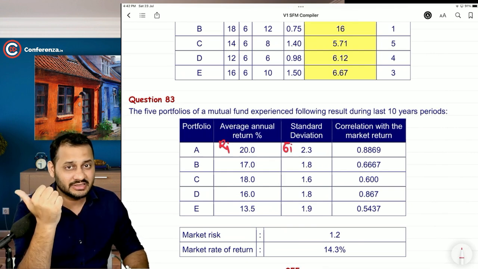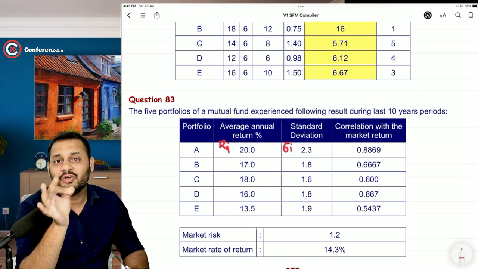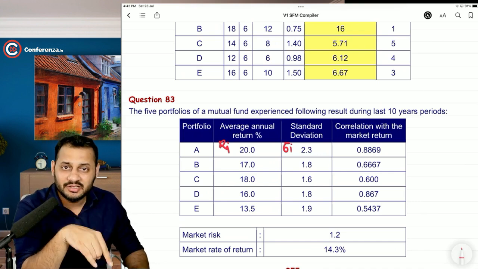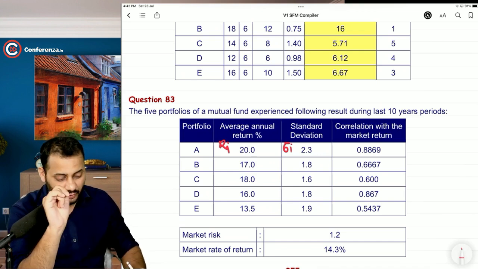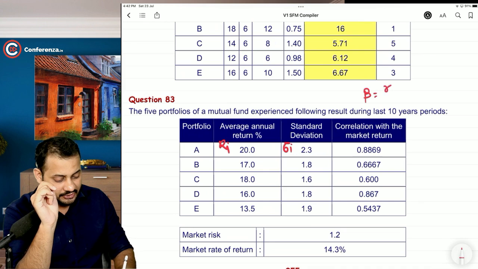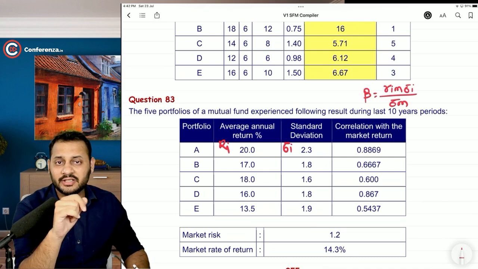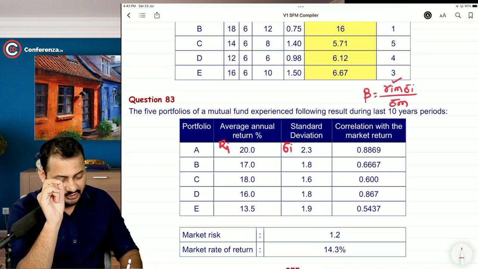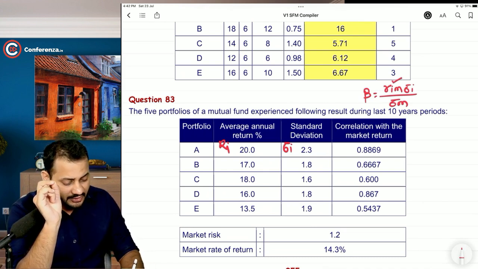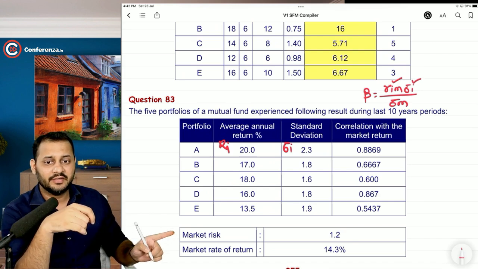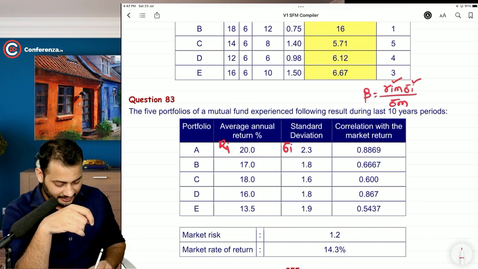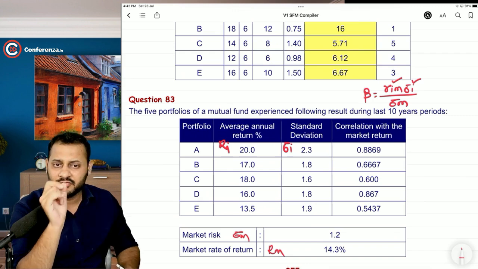Because in the previous question beta was directly given to you, and in this part they will ask you to first calculate the beta using correlation analysis. Beta is equal to RIM into standard deviation of I divided by standard deviation of M. The correlation is given in the last column. Standard deviation of I is given in the column just before that, and standard deviation of M, the market risk, is also given. So every figure is given.